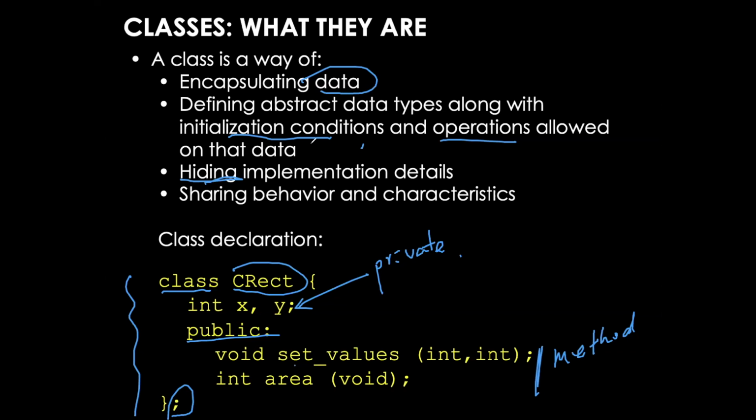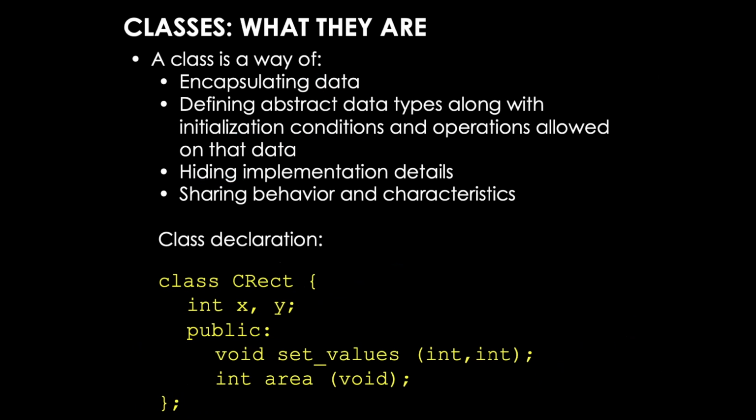This is what we call data encapsulation. Then you can decide what part of the information, data, or behavior could be shared across. So let's look more closely at examples of how we make use of this class information.